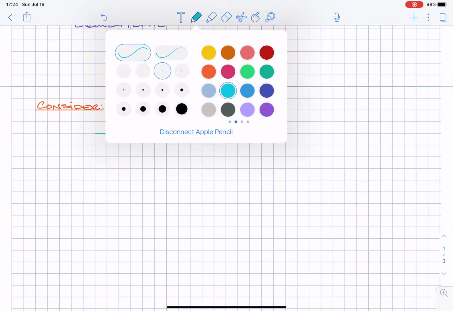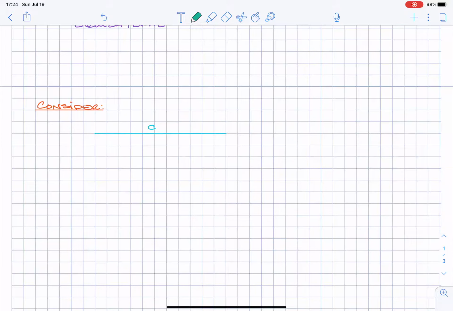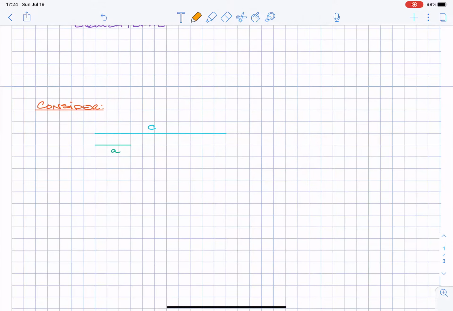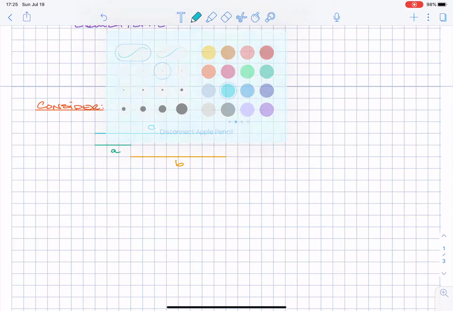And then I have a line of length A. Let's say it's just here. And another line of length B. Let's say it's here. So do you agree that A plus B is the same length as C?